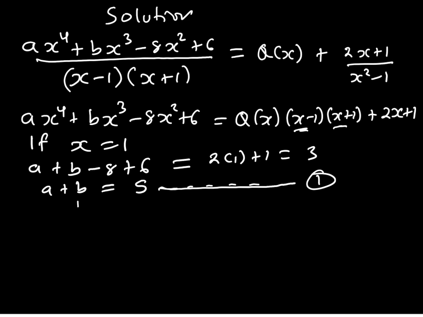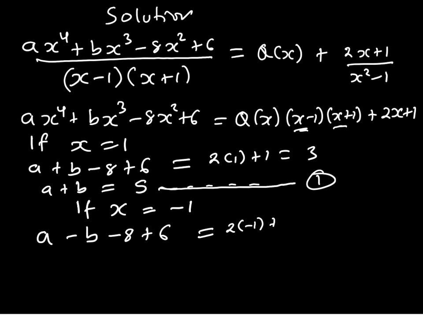Now let's go ahead and try the other x value. If x equals negative 1, what happens? This is a, negative 1 to the power 4 is a positive 1, minus b, negative 1 cubed is a negative 1, minus 8 plus 6 is equal to 2 into negative 1 plus 1.